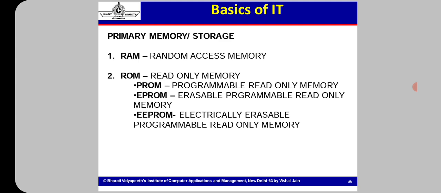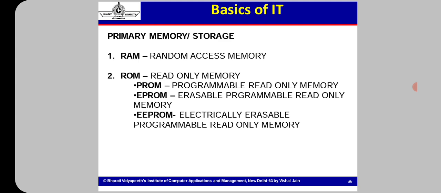Again, ROMs have different categories: PROM, EPROM, and EEPROM. PROM means programmable read-only memory, which means we can design our own programs and write them. It is also called firmware memory, which means we can permanently write and use these programs and applications.